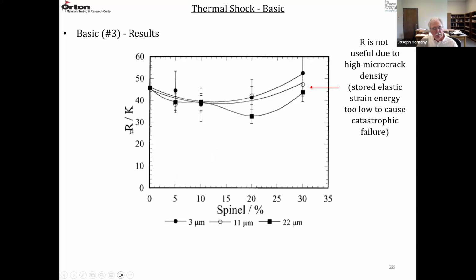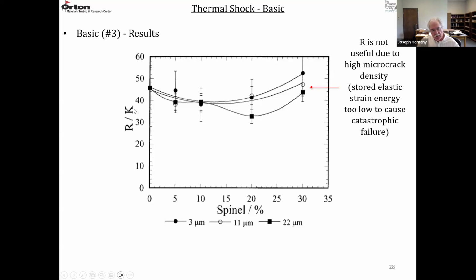And this is the R parameter calculated as a function of spinel content. Again, the solid circles are 3-micron spinel particles. The open circles are 11 microns, and then the squares are 22 microns. So this is a low number, about between 40 and 50 degrees.